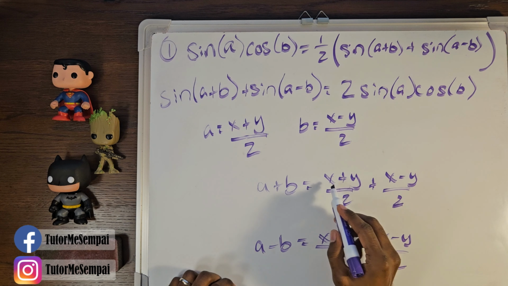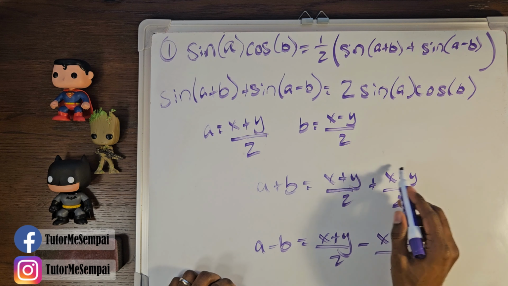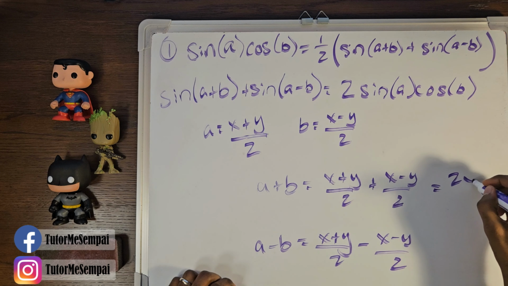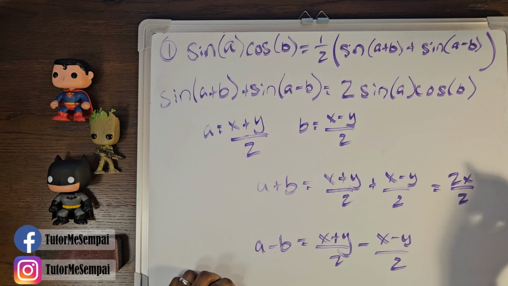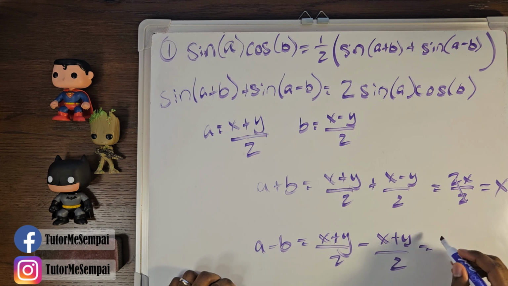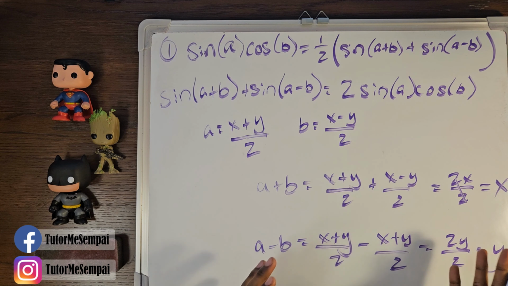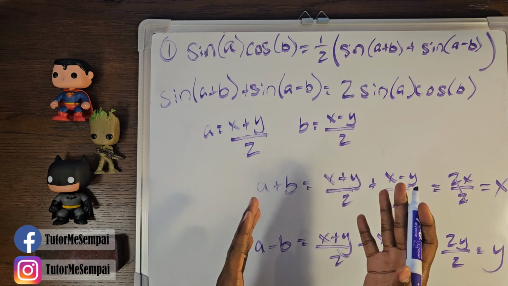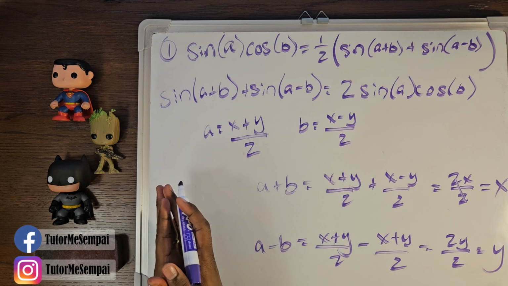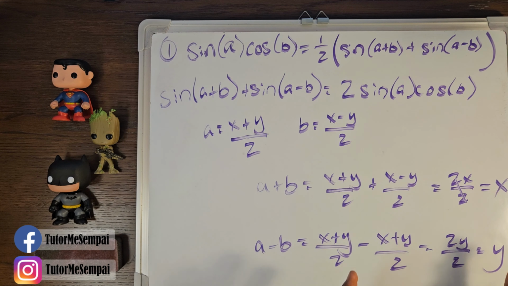And your pluses mean that you're just going to add these 2 X's, but your Y's will cancel out. So you're left with a 2X over 2. And of course, your 2's cancel out. So you're just left with X, where your minus means you're going to have to change your sign here. And your X's cancel out, and you're going to have a 2Y over 2 equals just Y. Once again, this is why we chose our A and B to be this. It doesn't matter if you do A plus B or A minus B, you're going to cancel out the other variable.